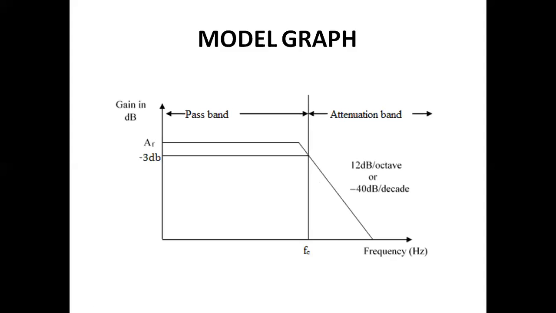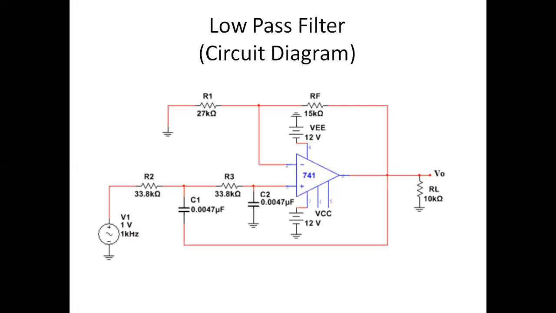Now, if we look at the reject band and calculate the slope, for a second order filter it is minus 40 dB per decade. For a first order filter, it is minus 20. Similarly, for a third order, it is minus 60. In order to get a second order filter, we have two combinations of RC.